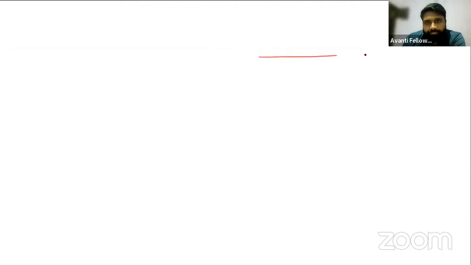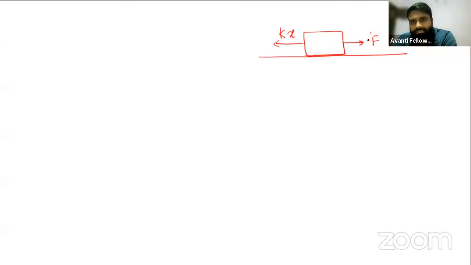Now, if you see that in this block, there is a spring attached and a spring force is acting. And here is a constant force F. This force has a constant value, but the spring force is a variable force.